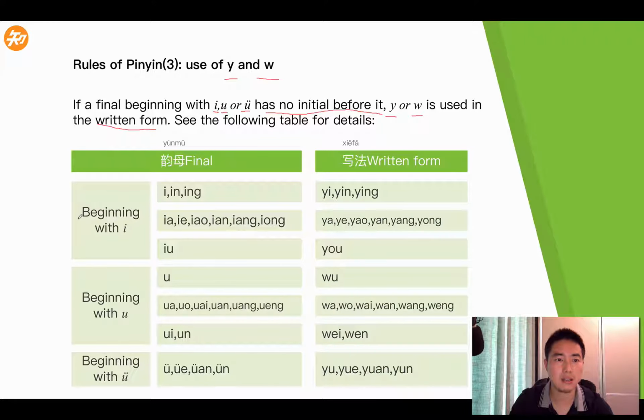First are the finals beginning with the final i. Let's take a look at how many of them there are. The first one is i itself, then in, ing, and then ia, ie, iao, ian, iang, iong, and iou.